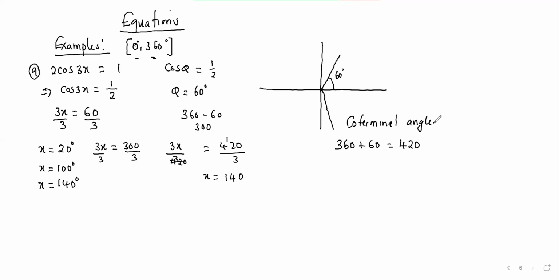Which one is the coterminal angle? The 420. Coterminal angle. It's in which quadrant? If I have this angle, right, then I get another angle and end at the same point. These two angles are called coterminal.